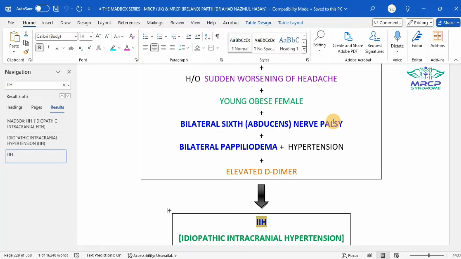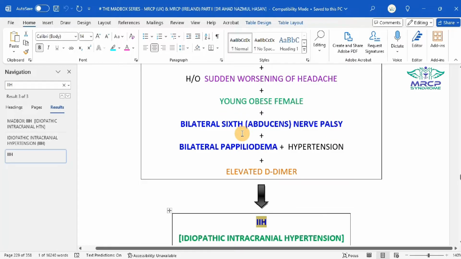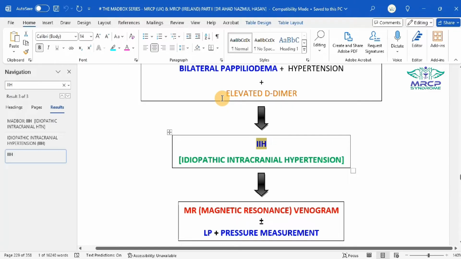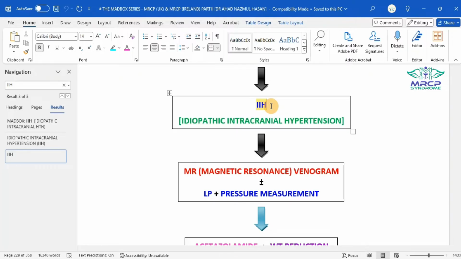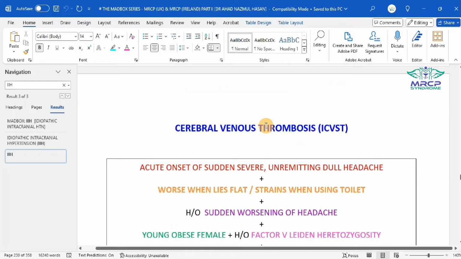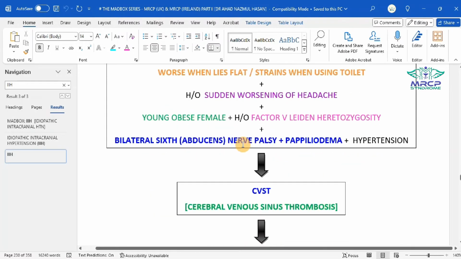There may also be bilateral papilloedema, and the diagnosis would be idiopathic intracranial hypertension. And whenever idiopathic intracranial hypertension is suspected, the next step of investigation would be the MR venogram, magnetic resonance venogram, to exclude CVST, cerebral venous sinus thrombosis, as the treatment protocol is completely different.